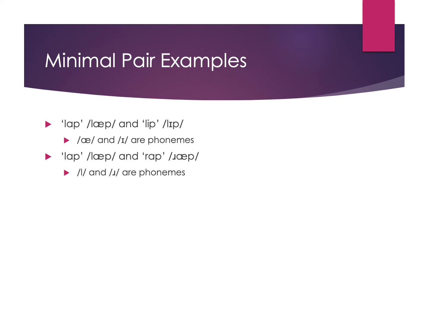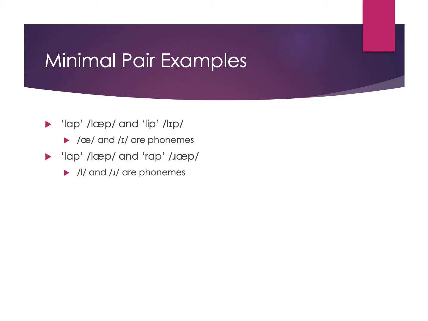If we look at lap and rap, this is different only by that very first sound, so our "a" and our "p" sounds remain the same in both words, but the "l" and the "r" are different and create a completely different word that means something different. So this shows us that L and R would be separate phonemes in English.